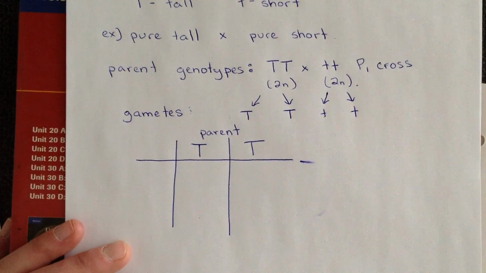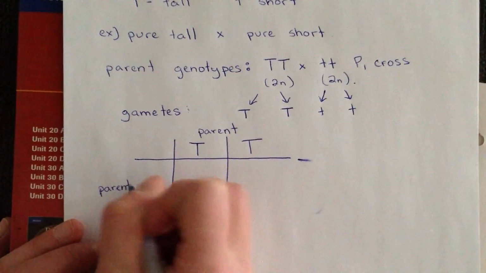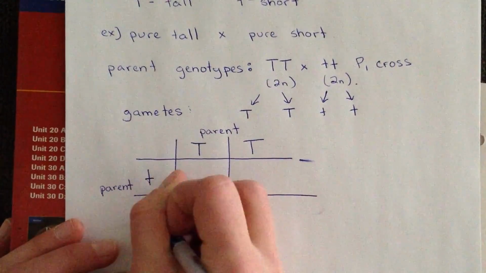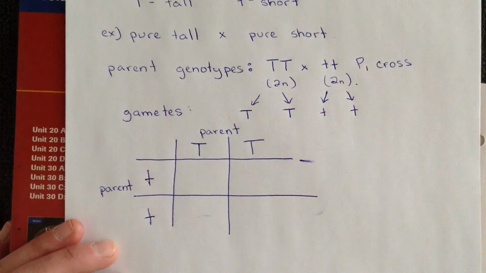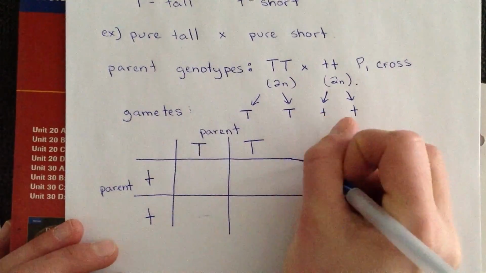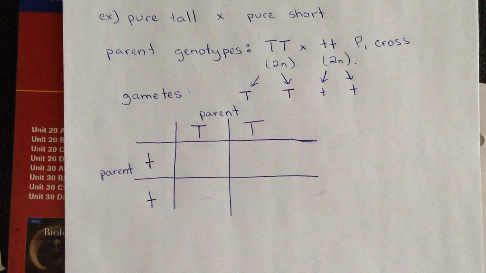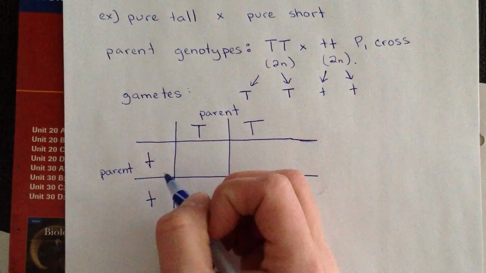Then on the other side, you're also going to put the other parent's gametes, so little t and little t. You'd show the big T and the big T on one side, exactly what you should have had anyways. Like a math square, when you multiply things out, this is what gets together.